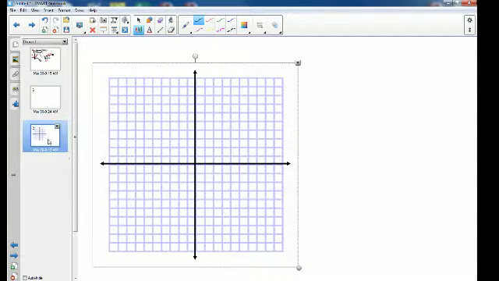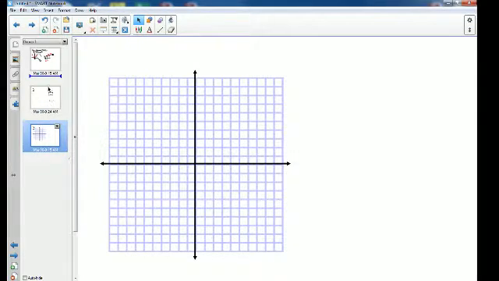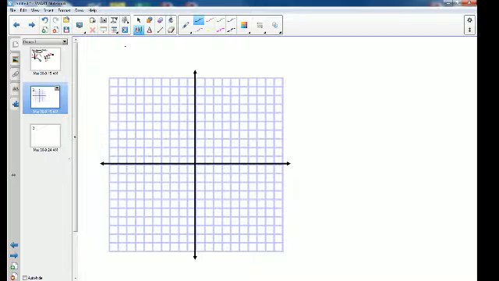Let's graph. I'm going to do several here. You can do these on a calculator. You know how to do an exponential on a calculator. Put the caret.